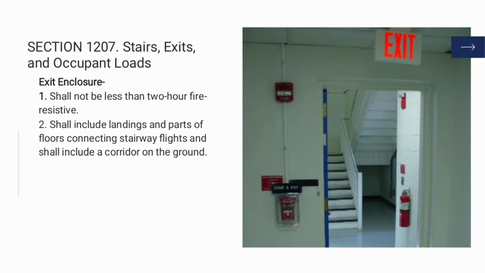And of course, it also includes landings and parts of floors connecting stairway flights, and shall include a corridor on the ground. So dapat na siya stairs pod sa landings sa imuhang exit enclosure.